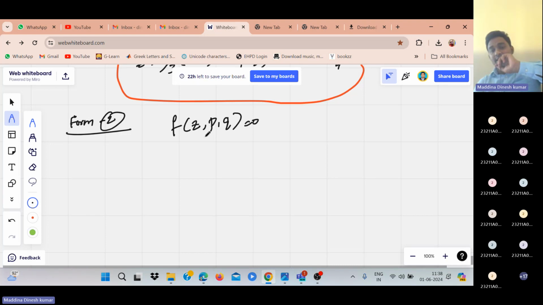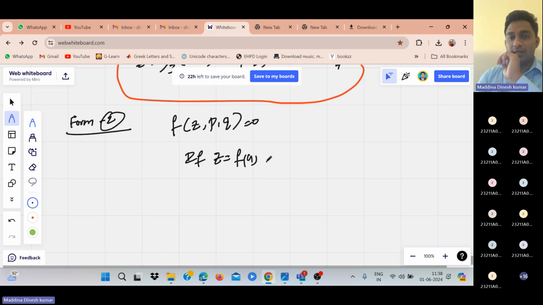The given PDE contains only z, p, and q. It doesn't contain x and y. On that occasion we need to assume that z is a function of u, with the trial solution u equal to x plus a y.